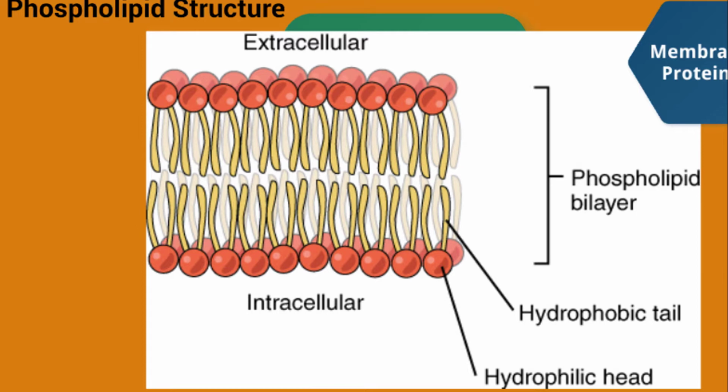Extracellular fluid abbreviation is ECF. Extracellular fluid is the fluid environment outside the enclosure of the cell membrane. Interstitial fluid, IF, is the term given to extracellular fluid not contained within blood vessels.